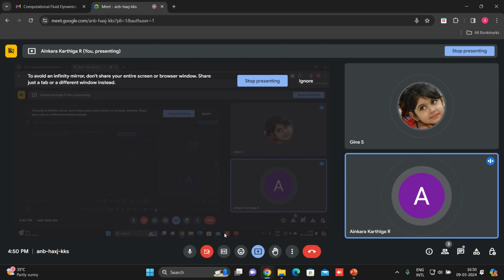Some percentage would be taken from the assignment, some from the final exam. That would be mentioned on the NPTEL course website itself. If not, I can say next week. Right now I'm not sure of the percentage, but MCQs will be there, similar to what we are solving in the assignments, and it is a computer based exam. That is all the knowledge I have on the end exam.